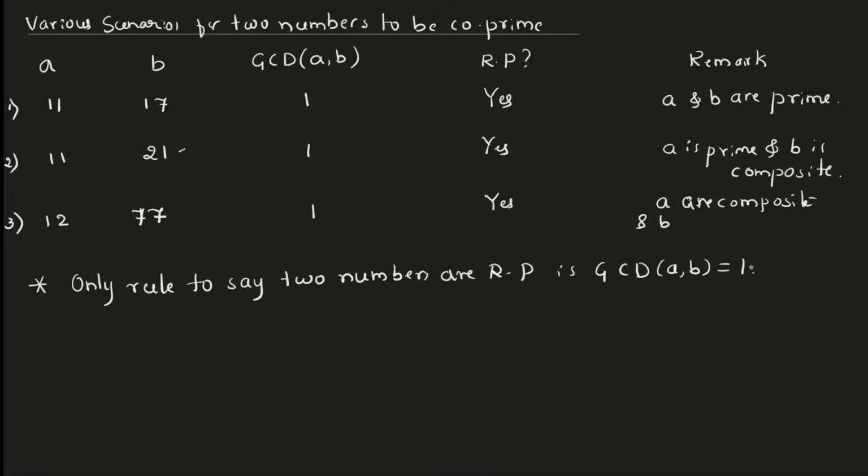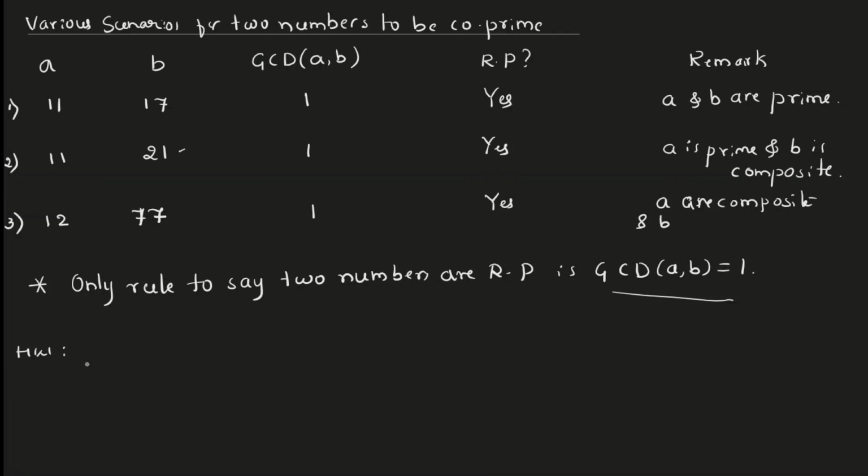It does not matter about the nature of the numbers A and B. We have to look only at their GCD. Then only can you say two numbers are relatively prime. So now you have understood why we need to find GCD and what the condition is for numbers to be relatively prime or co-prime.